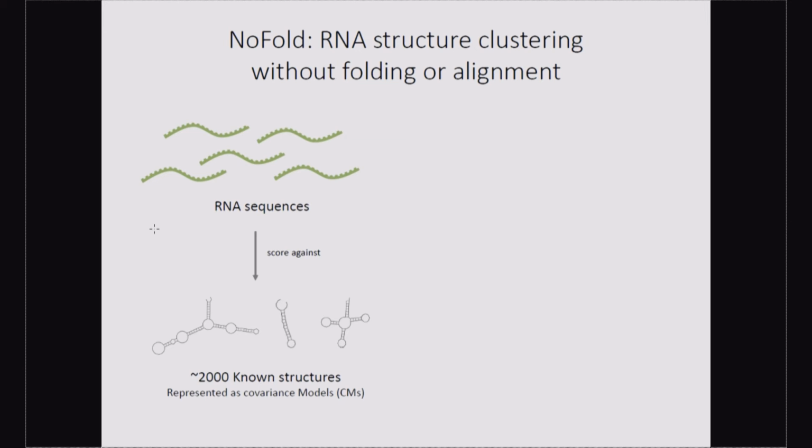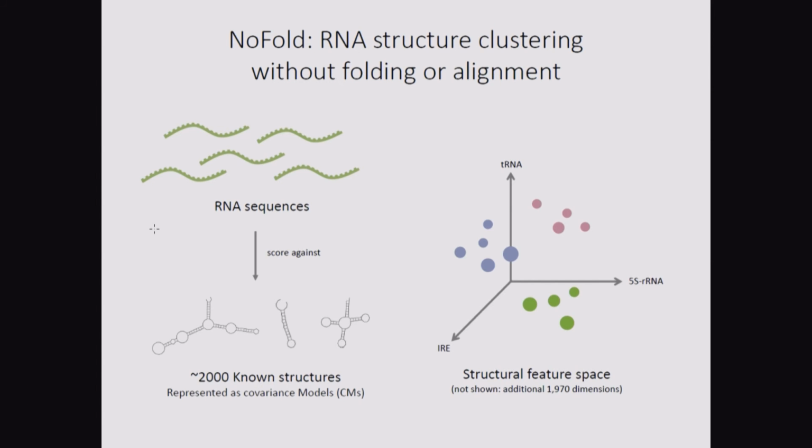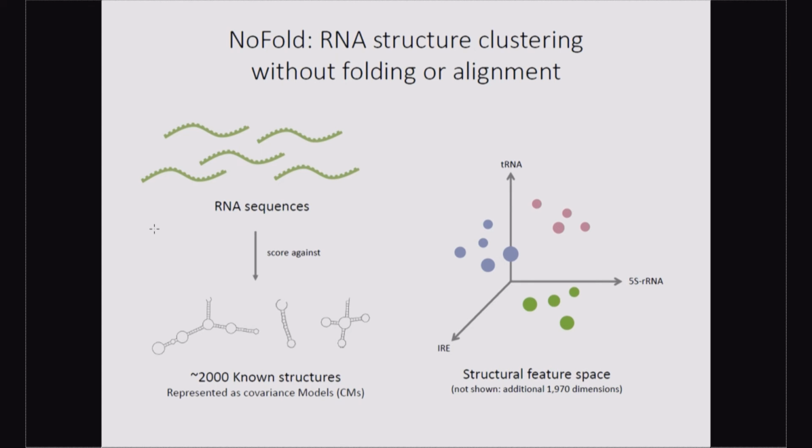And there's already a program that will score a sequence of unknown structure against a model and spit out a score that tells you how likely that sequence is to take on that structure. So we can score each sequence against these models. That will give us a vector of scores that we can then use like a feature space to do clustering. And ideally, if this works as intended, sequences that have a similar structure will be placed in a similar area of this feature space, and that will allow us to very easily pick them out as clusters.